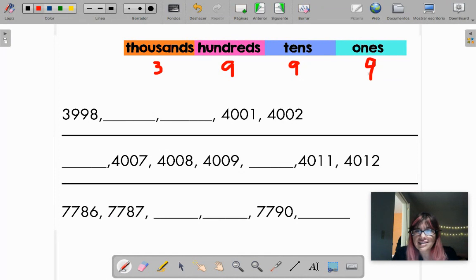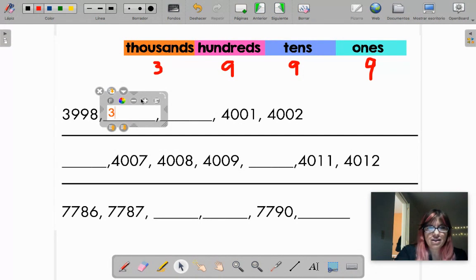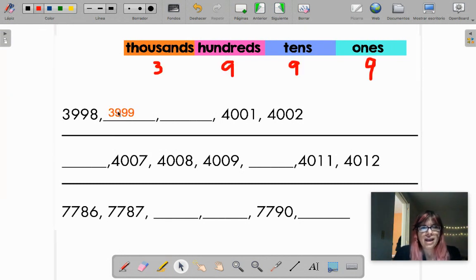That means this is our next number. Let's put it here. I'm going to write it with letters. 3,000, with nice numbers. Okay, that's my answer. Now let's go to the next one.